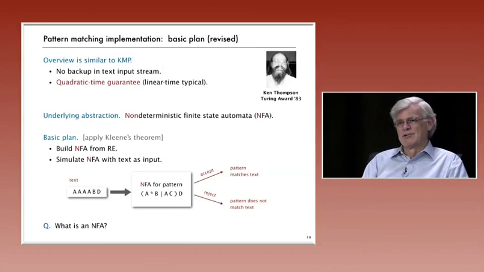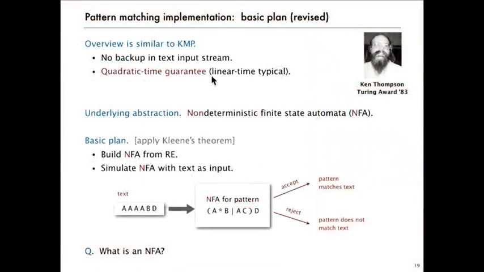But there's an easy revision. And again, this gets back to a quadratic time guarantee, and actually in real life it's usually linear. All we do is change the abstraction to use a nondeterministic finite state machine, an NFA, rather than a DFA. So in the same basic plan, we're going to build an NFA.